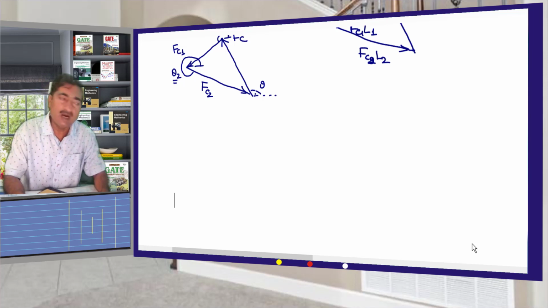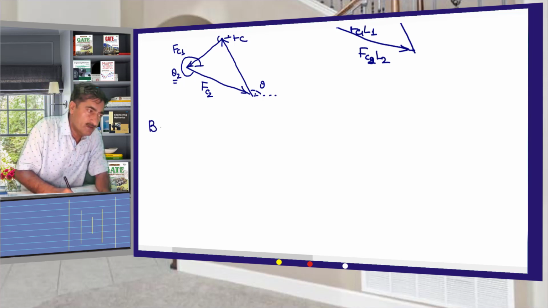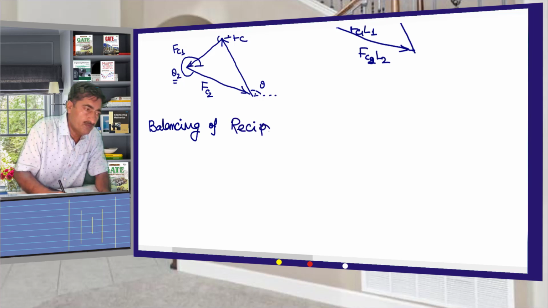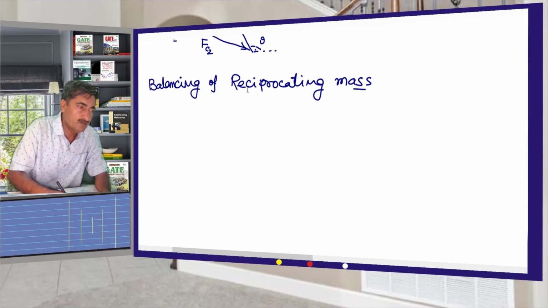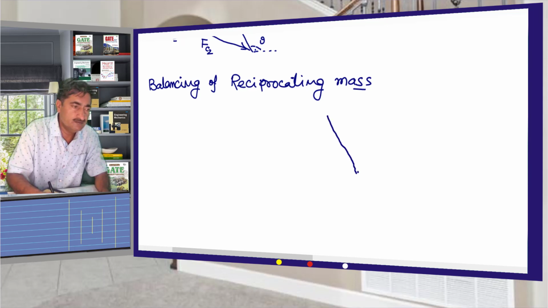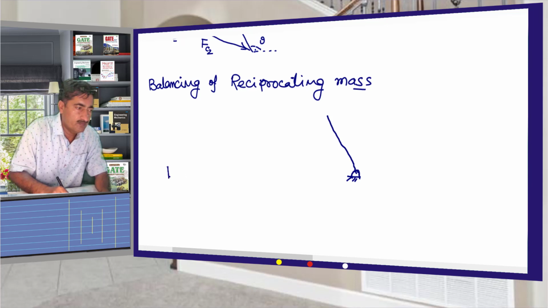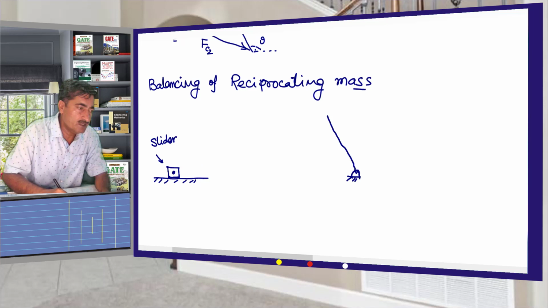balancing of reciprocating mass. This is crank, this is slider, and this is connecting rod.